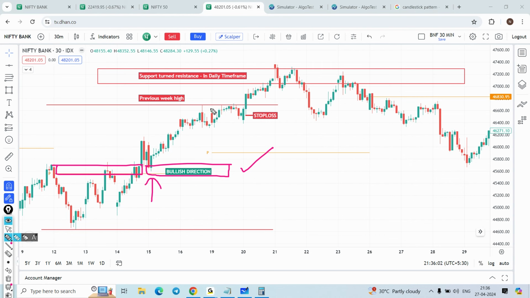Right? Basic target rule. If you are expecting price rejecting in a reversal trade, price comes to the mean point, that is called mean reversion, or the next nearest support zone. Next nearest support is somewhere here, right?